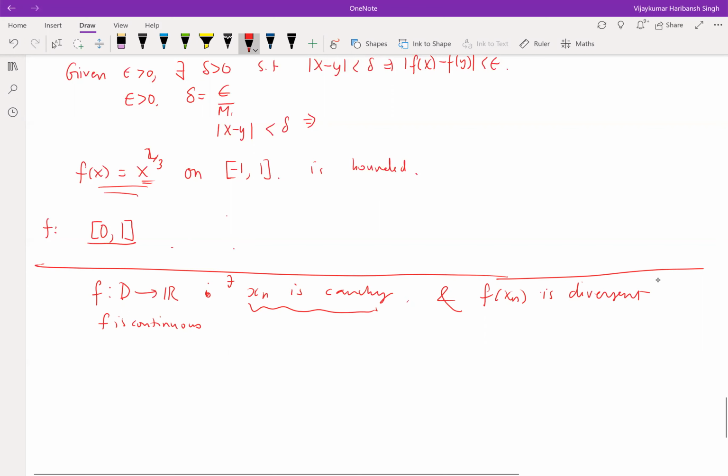So basically, the idea is that a continuous function cannot preserve even Cauchy sequences. All right. But you'll say, well, this seems to be not true because we have the idea of sequential continuity: if xn converges to x, then f of xn converges to f of x. This is only true when x belongs to D, right?